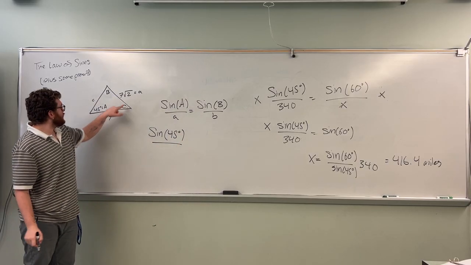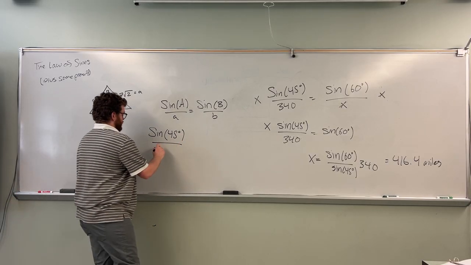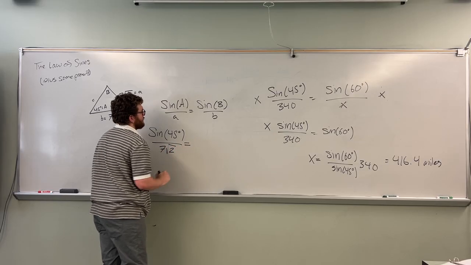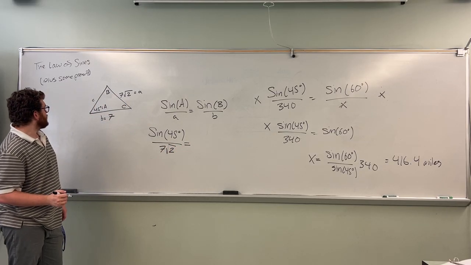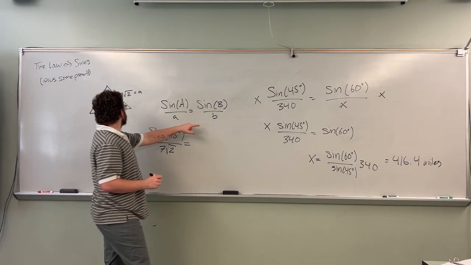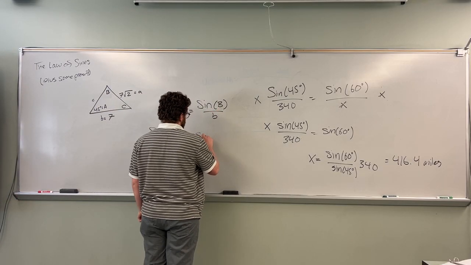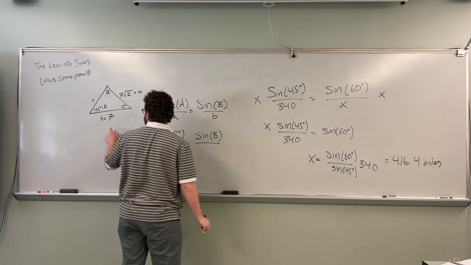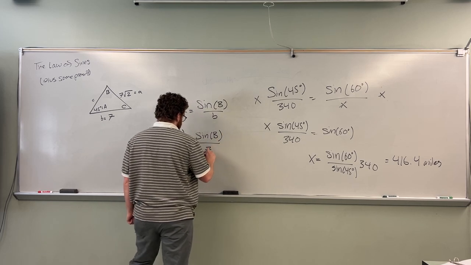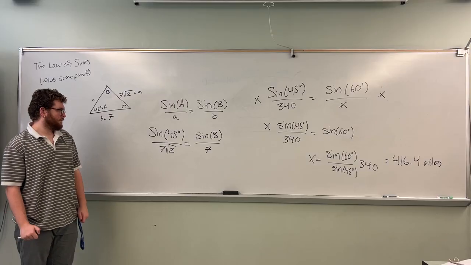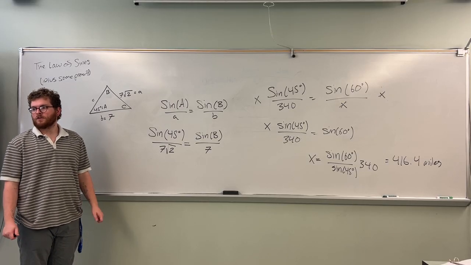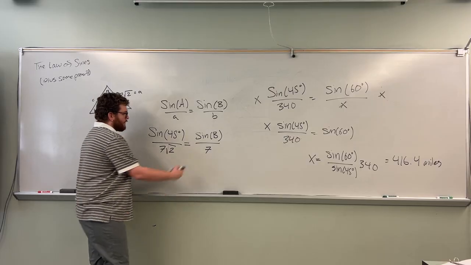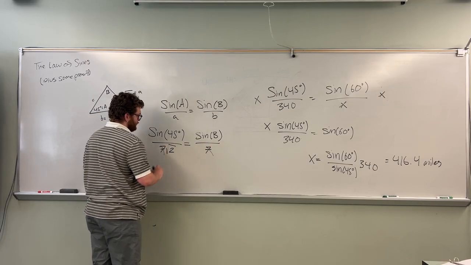My side length lowercase a is 7 root 2. I'm looking for sine B, I don't know this yet. And my side length lowercase b is 7. I'm trying to figure out what B is. I can multiply the 7s over or just cancel them out.